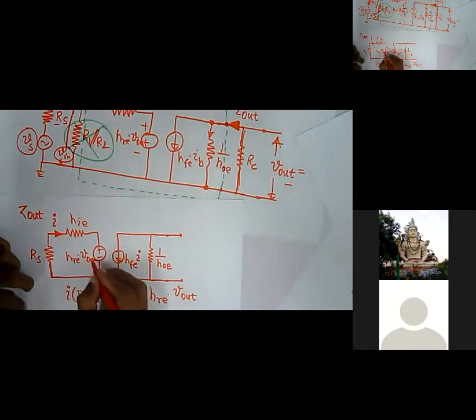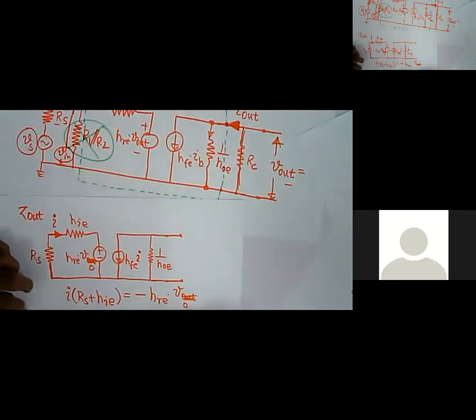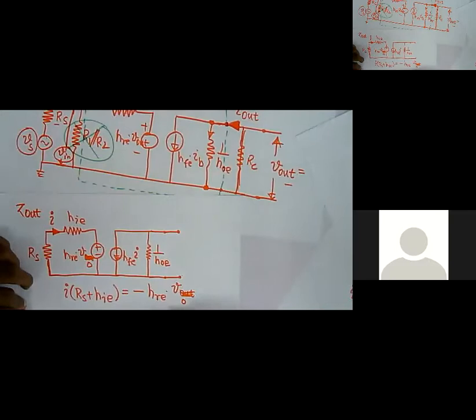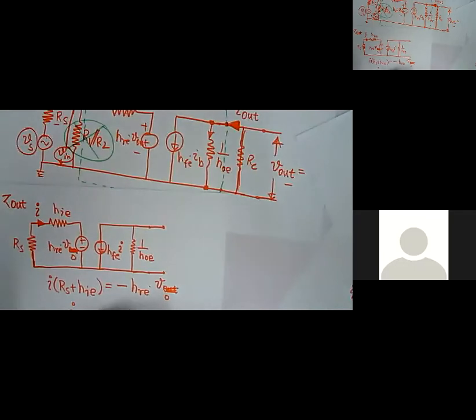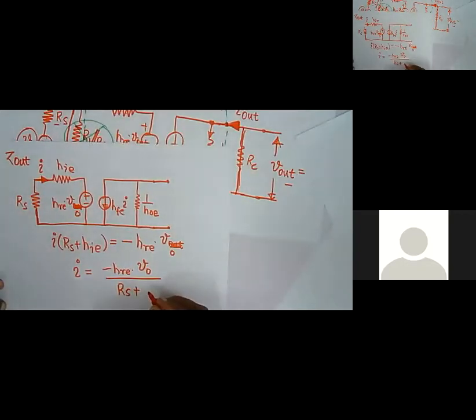Let's make a different notation: we used HIE, and this one we'll call VO, so HRE into VO. So I can write that I equals minus HRE into VO divided by RS plus HIE. This becomes my I.